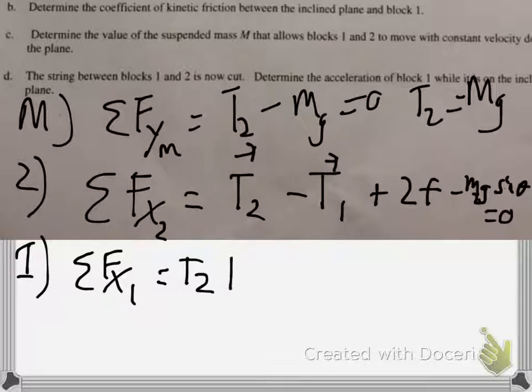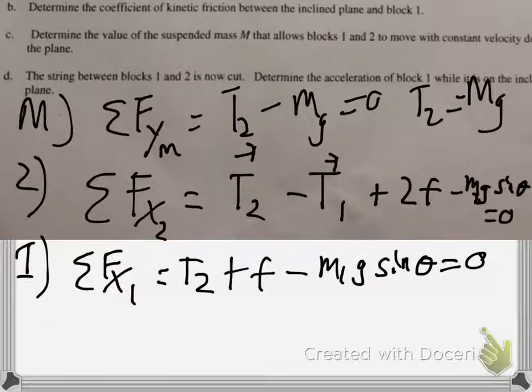It's T2 plus F minus M1G sine theta equal to 0. Sorry, it's T1. This is T1. So I can use this equation to solve for T1.